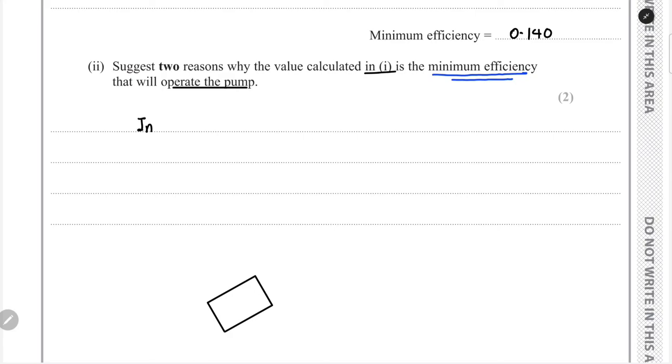The most obvious points are the fact that we might have a cloudy day. This is the most obvious point. The second most obvious point would be that light is reflected off the solar panel. You can write down any points as you want, since this is a suggest question. You can get creative with this.